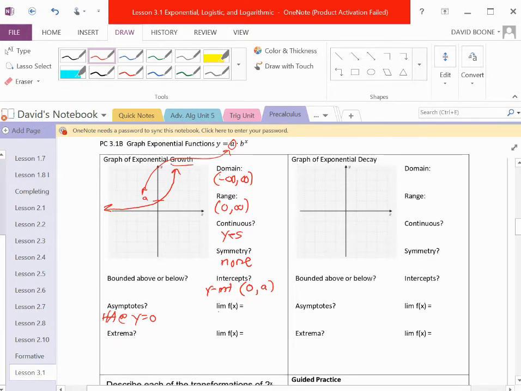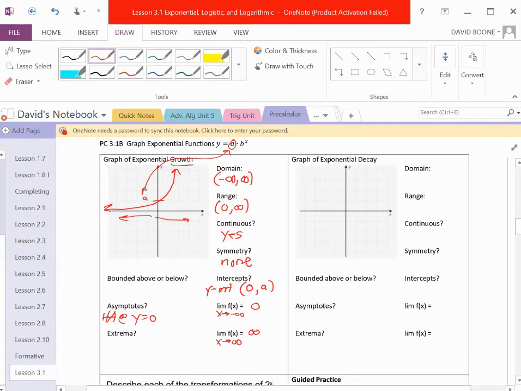Here the limit, let's just put this near, as x goes to negative infinity. As I go to negative infinity, as this graph goes this way, as x's go this way, the graph approaches 0. As the limit of x goes to infinity, in other words, as I go this way, the graph continues to go up to infinity. Go back up here, bounded above or below.